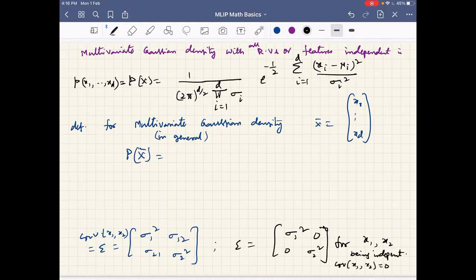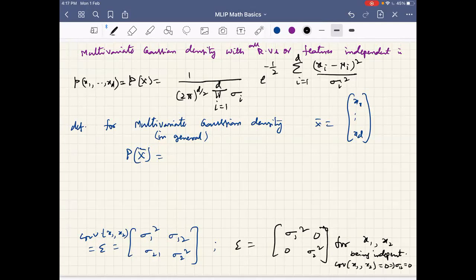In that case covariance is 0, which implies that sigma 1 2 is equal to 0 and sigma 2 1 is also equal to 0. But this is a special case. In this case, whatever we have written is fine.